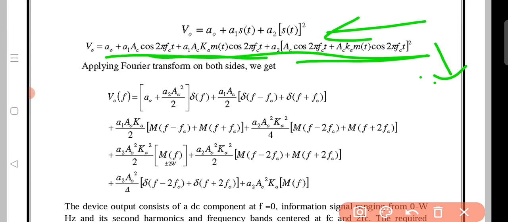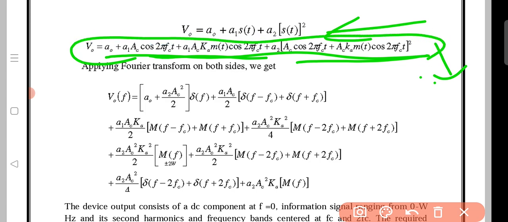Expanding step by step using the formulas, finally six terms are present. Each term consists of the carrier, but a single term consists only of the message.